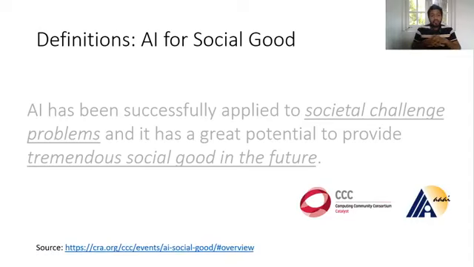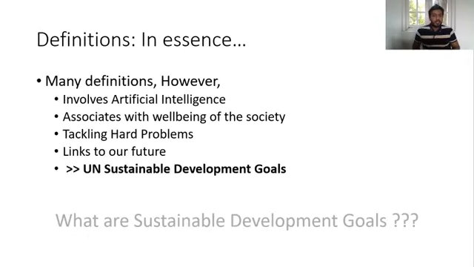If we go a bit further, on the academic side, the computing community and the AAAI, the Association for the Advancement of Artificial Intelligence, in their workshops have derived that AI has to do with societally challenging problems and tremendous social good in the future. So in a nutshell, what do these definitions tell us?